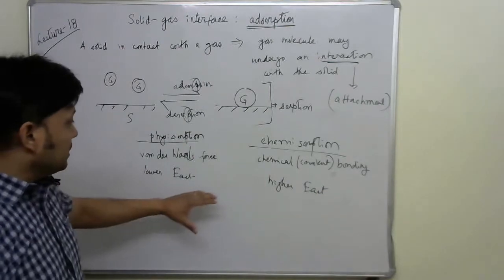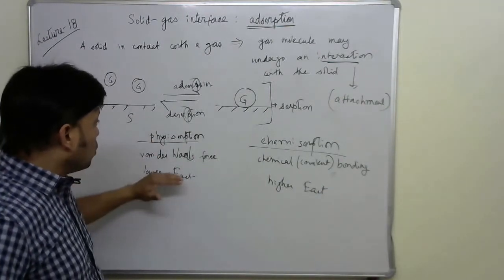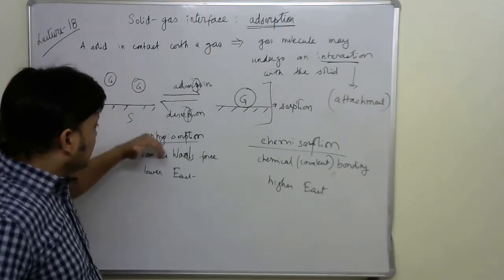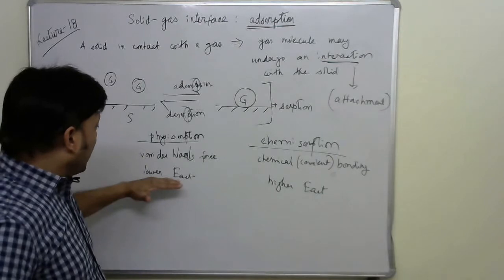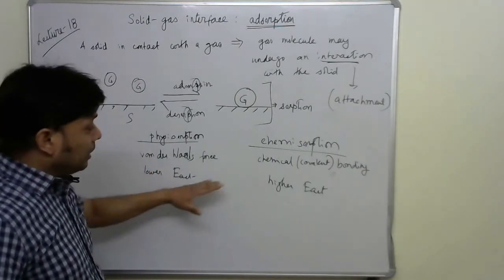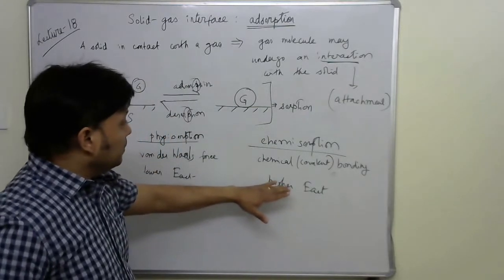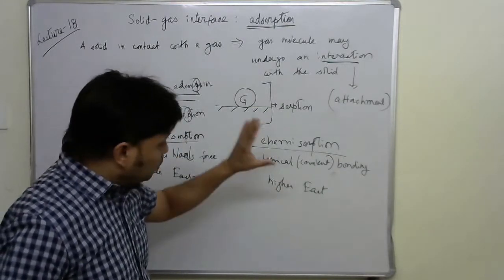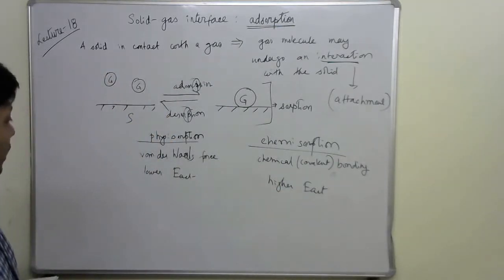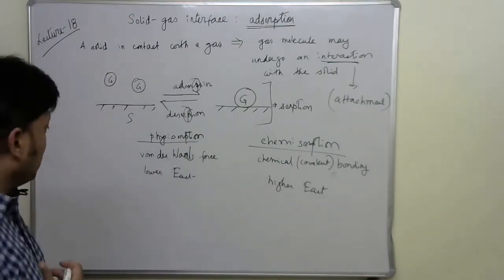Since physisorption has a lower activation energy, the adsorption process achieves equilibrium faster. Here, in chemisorption, the adsorption process takes time to reach equilibrium. These are the two primary differences we can think of.